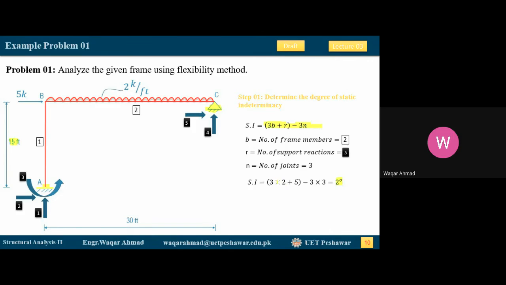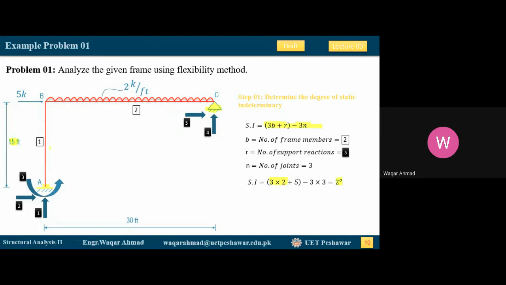Now, what are the unknowns? If you look at the unknowns here, the first unknown is this 3 into 2. These are the internal unknowns of these frame members. 3 unknowns in this member, 3 unknowns in this member. So it means 3 per member, so 3 into 2 are 6.